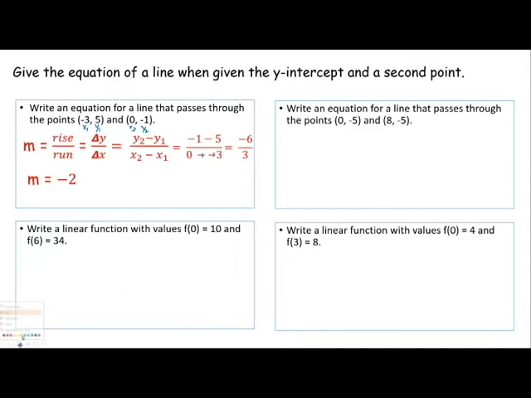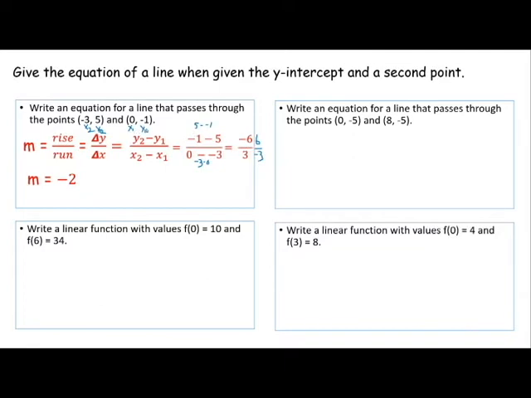Now, just to be abundantly clear, if I had made this x2 and this y2, and this x1 and this y1, when I plugged in my numbers, I would have gotten 5 minus -1, and -3 minus 0, which would have given me on top a positive 6, and on bottom a -3, which is still -2 for my slope.